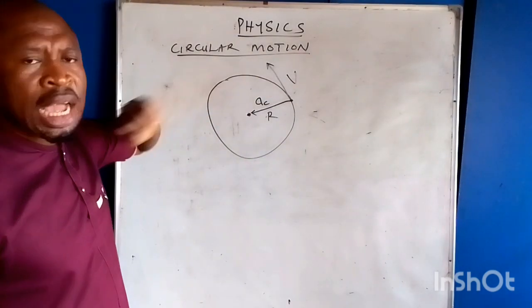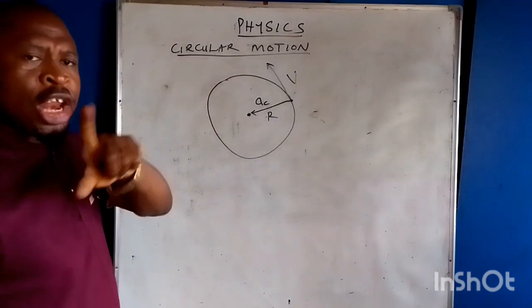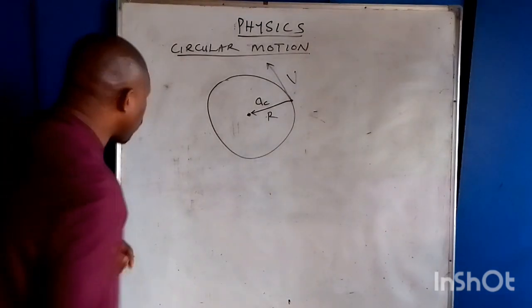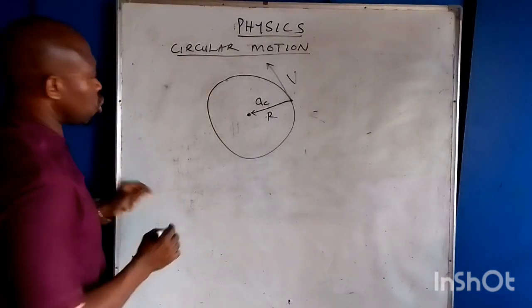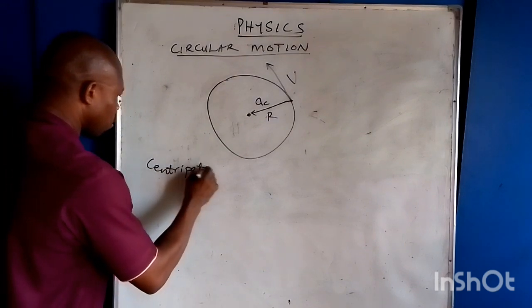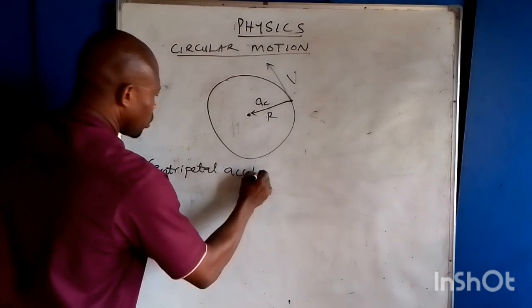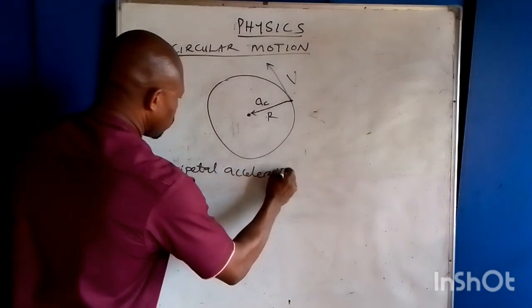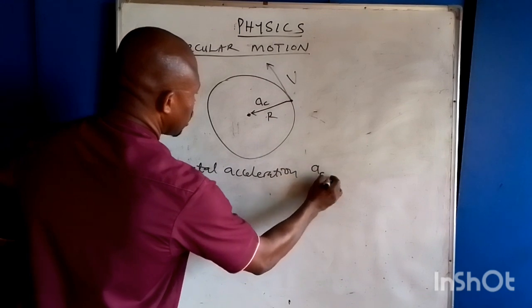We can represent it as AC. In other words, we can now talk of centripetal acceleration, and this centripetal acceleration is A subscript C.